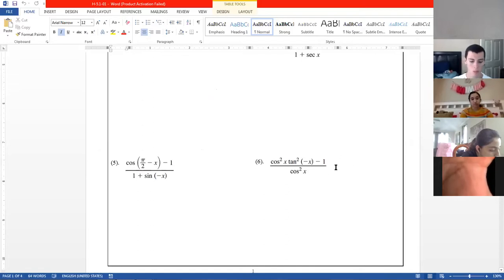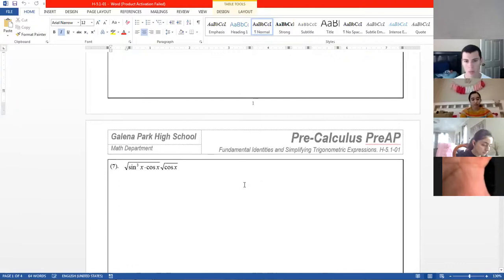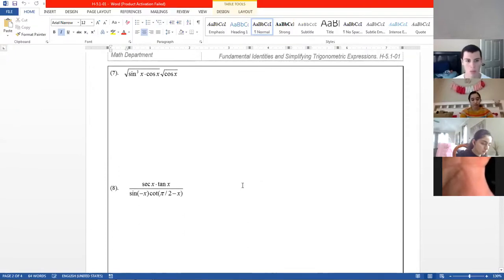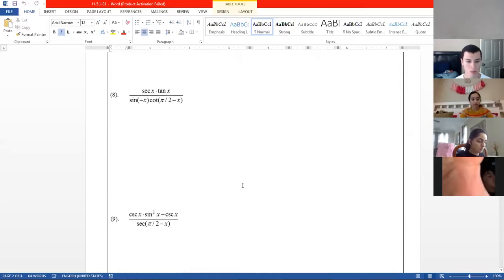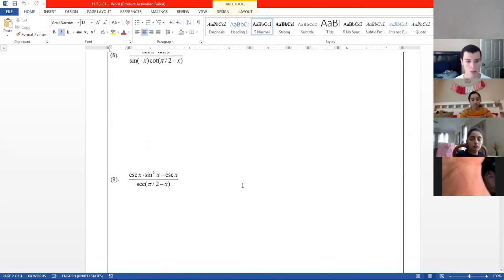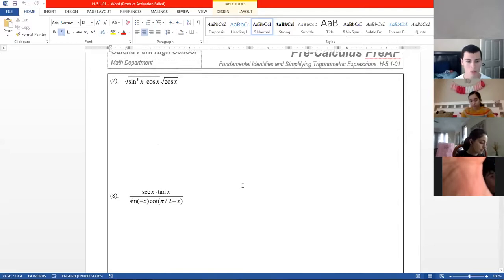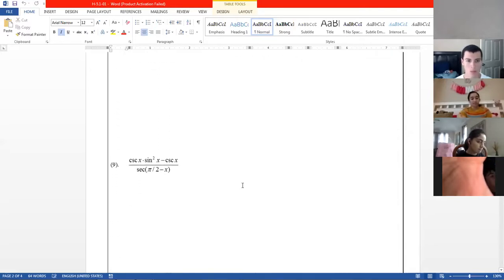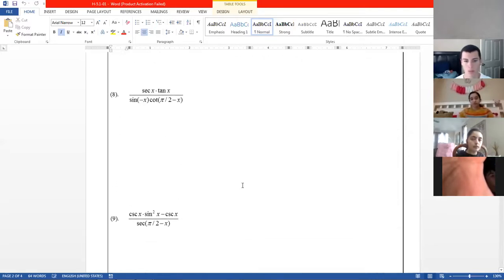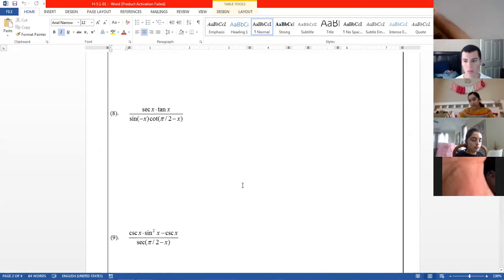Cosine square, tangent square, cosine square. Well, do you want to solve 6, or do we move on to the next page? 7, 8, or 9? Which one? 8? Okay. Yeah.